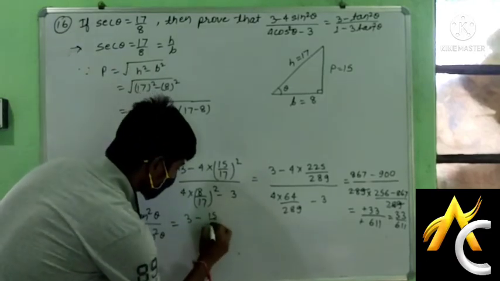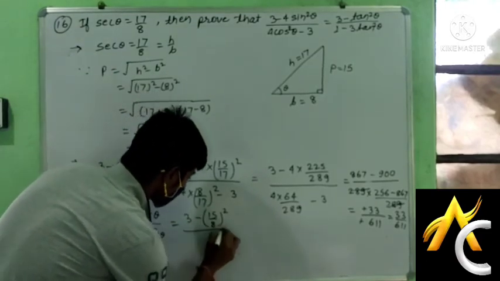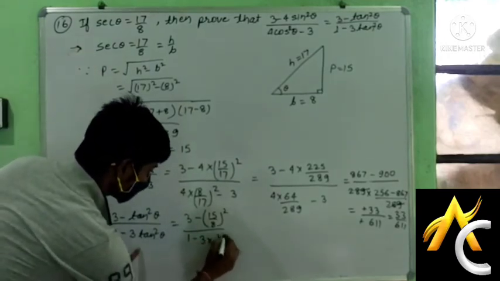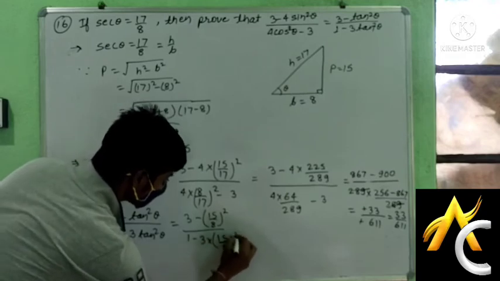So it will be 15 by 8 whole square divided by 1 minus 3 into 15 by 8 whole square.